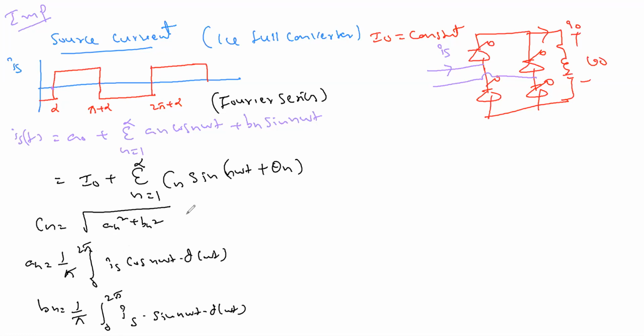And your I naught is a DC value. We know this. What is I naught or A naught? A naught value is 1 by 2 pi integral 0 to 2 pi IS d omega t, the average value, this is 0 in fact, that's the C naught value or I naught.